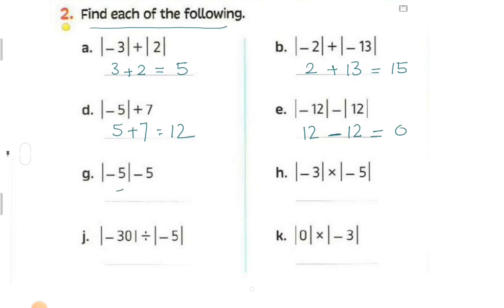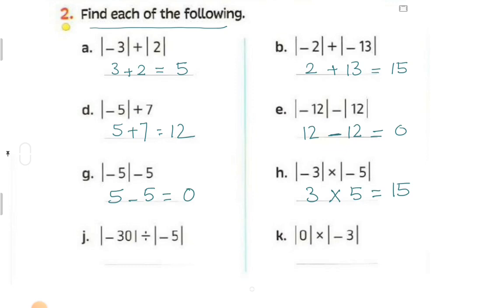Absolute value of negative 5 minus 5 equal 0. Absolute value of negative 3, it's positive 3, by absolute value of negative 5, it's 5. 3 by 5 equal 15.